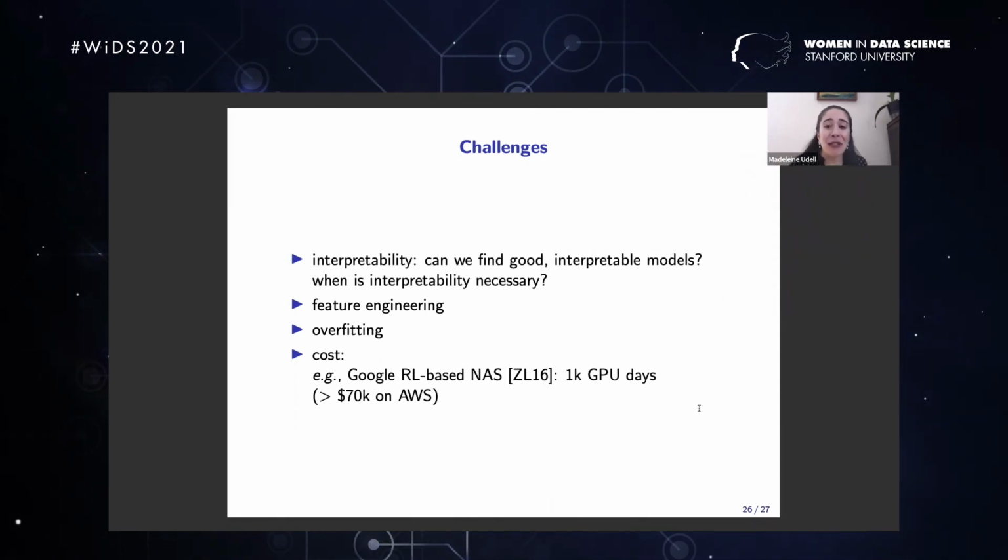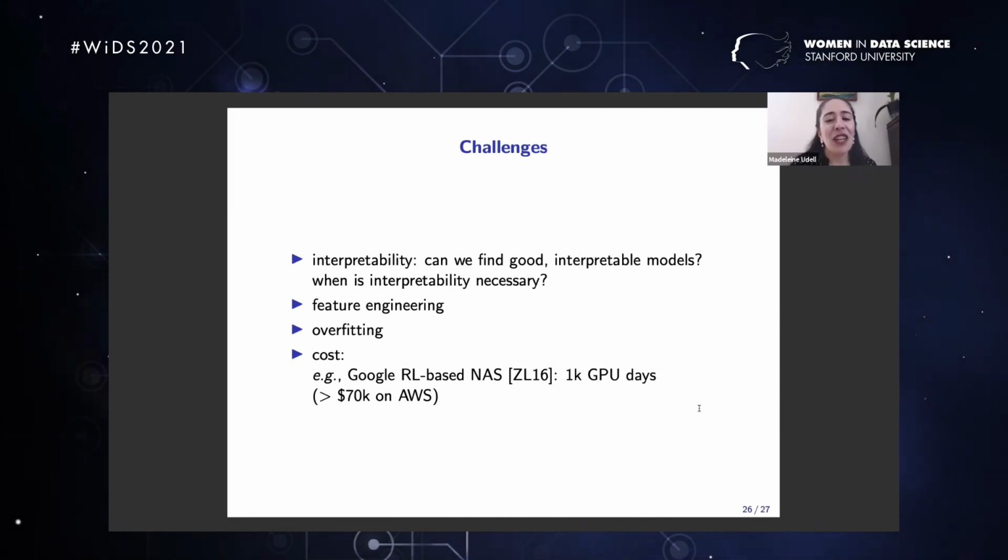That's clearly more than most people can budget, and whether or not that's affordable depends on who's running the model. In some ways, automated machine learning makes this less of an issue, right? You can imagine training an automated machine learning method and then using that method to produce really quick predictions as to the best pipeline on new data sets. And if you use it across enough new data sets, then it might be worth your while to spend that much money training the AutoML method.